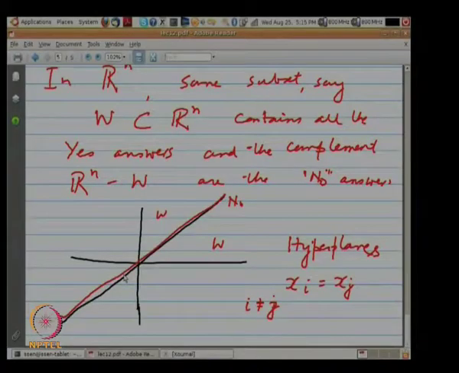Okay. And if the point lies outside of the union of these hyperplanes, then the answer is a yes answer. Okay. So, what we are actually doing is partitioning the input space into some kind of equivalence classes.